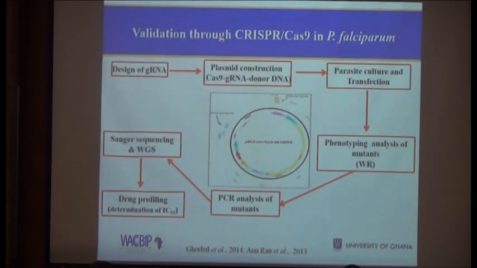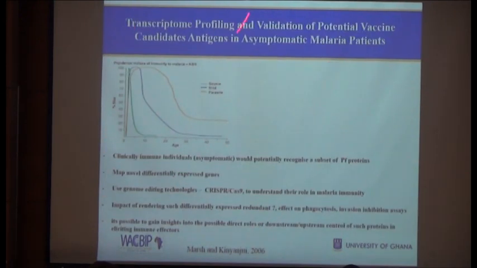I'll be looking at transcriptome levels of asymptomatic individuals, patients that are able to control malaria within their parasitemia, but they don't get any clinical disease. Of course I would also want to do some editing of genes, as I would also want to do in drug resistance genes. So this is one of the things that I'll possibly be highlighting.